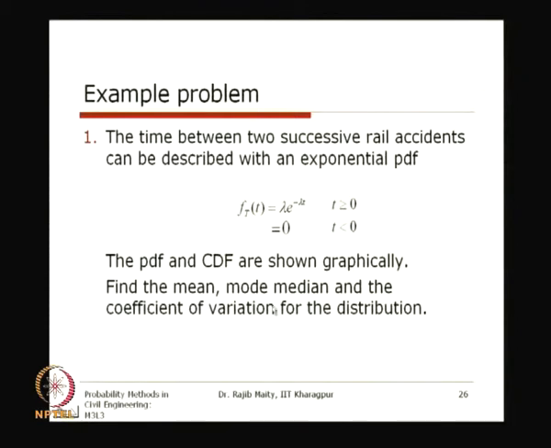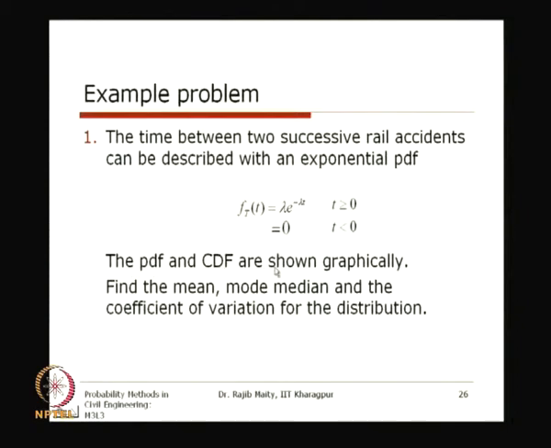One example problem we will take for this, whatever we got about the mean, standard deviation and variance. The same example that we discussed in the context of the CDF: the time between two successive rail accidents can be described with an exponential PDF, f_T(t) equals lambda e to the power minus lambda t for t greater than or equal to 0, and 0 for t less than 0.